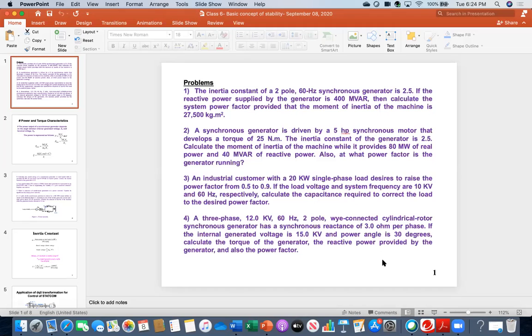Lakshmi, did you get the correct value for torque? Dr. Ali, is it 0.0798 mega Newton meter, or 79.8 kilonewton meter? Dr. Ali, I got it and I'm doing power factor. Oh, okay, fine.